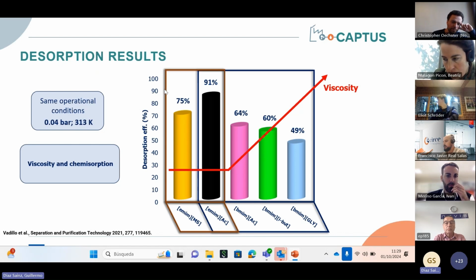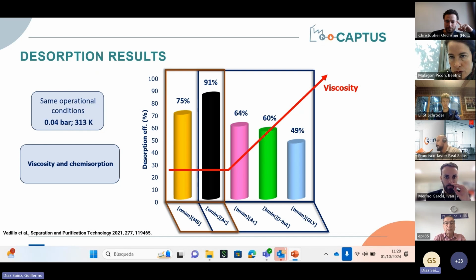One of the most important challenges in this technology is the desorption stage. As we commented at the beginning, one of the most important disadvantages of the conventional CO2 capture technologies is the desorption stage, because the energy consumption is very high.